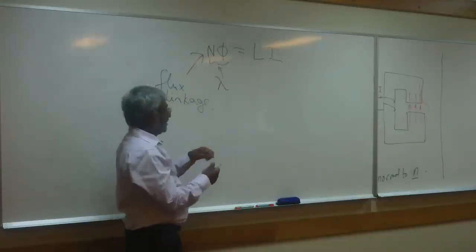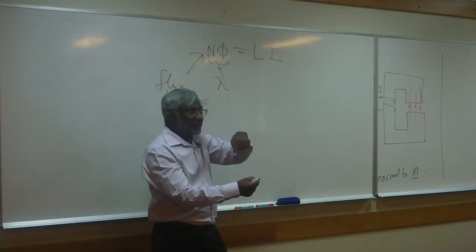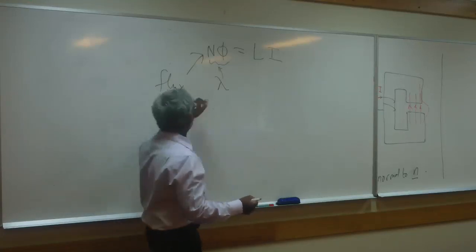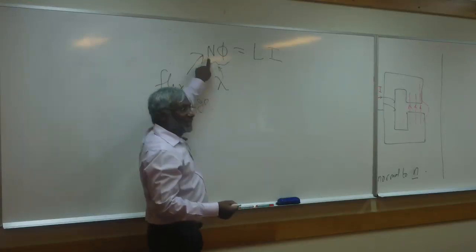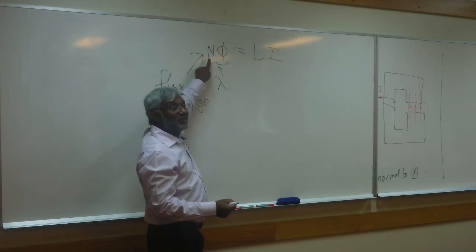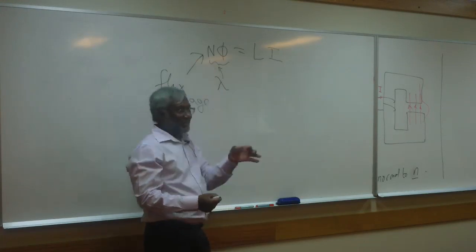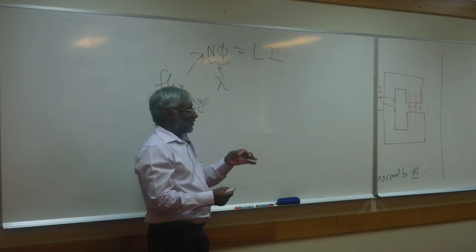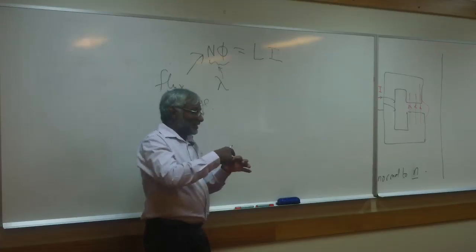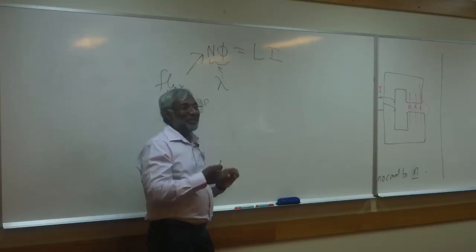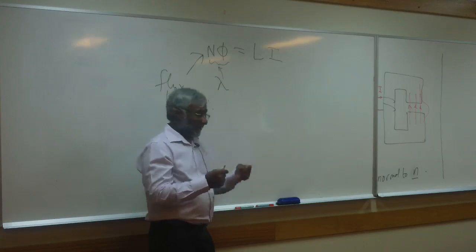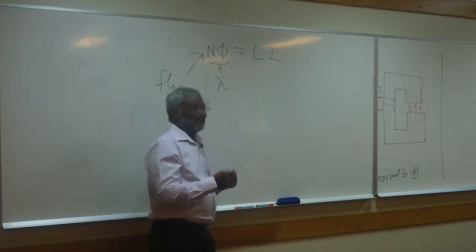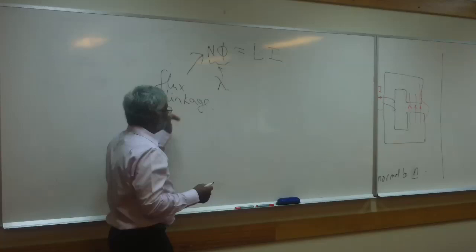So you have an area, if you like a loop, and it means a flux. Every line of flux is linking that loop N times, because you've got N turns. So N turns is like having 10 loops very close to each other. And you've got the flux linking all those 10 loops. So that's why it's called linkage.